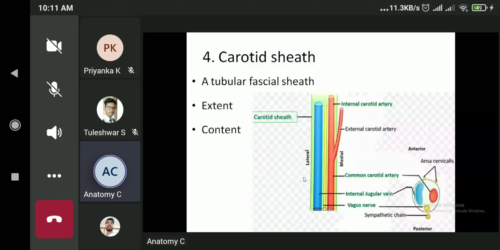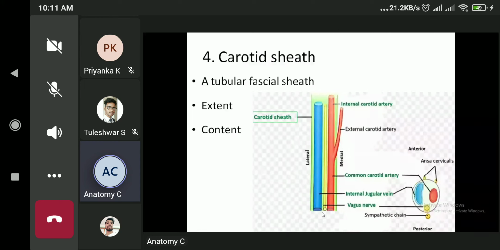Talking about the extent, the carotid sheath begins right from the base of the skull up to the mediastinum, where it gets fused with the adventitia covering the arch of aorta. So remember, it extends from the base of the skull up to the level of the arch of aorta.